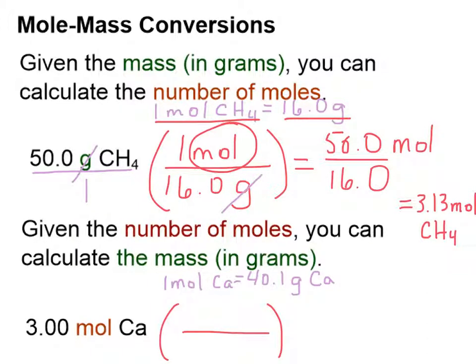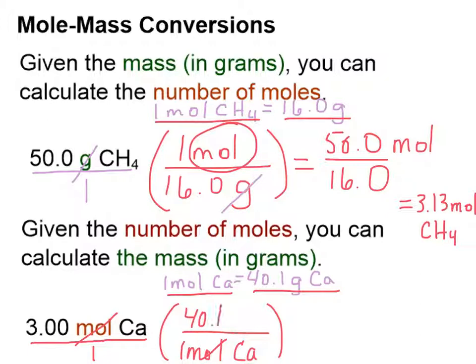I know that I have 3 moles of calcium. That's like saying 3 over 1. It's going to be a great, big, giant, exciting fraction. And I am going to put my moles of calcium on the bottom because I want to cancel the units of moles out. These units will then cancel. And I'm going to put 40.1 grams of calcium on the top.